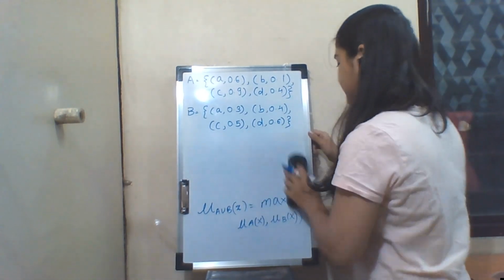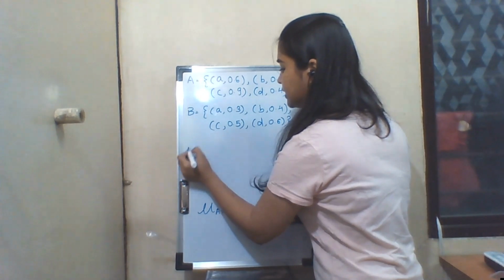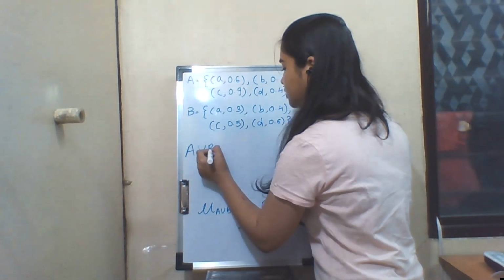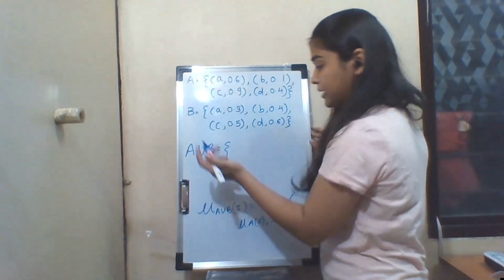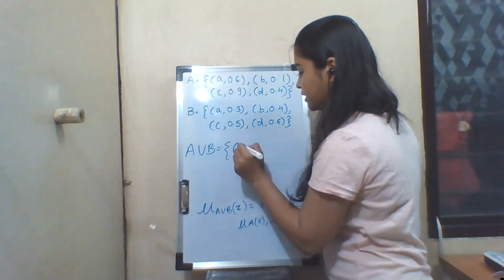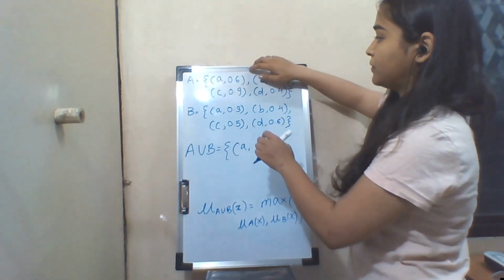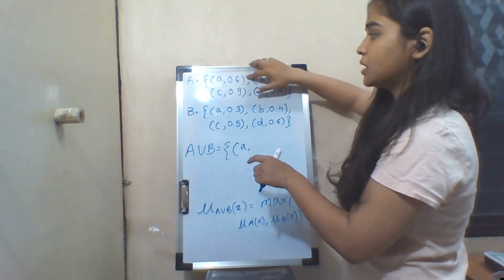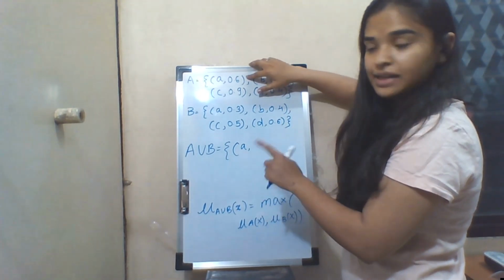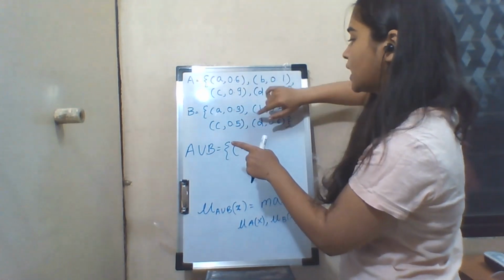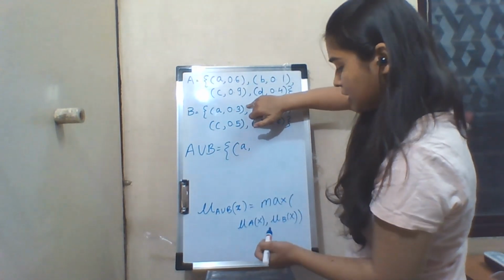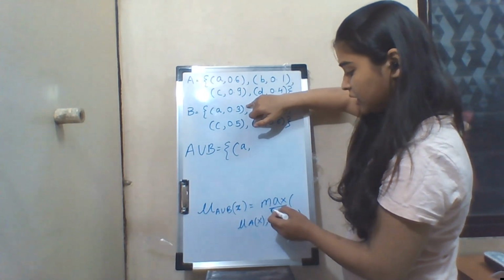Now first we consider element A, and for its membership we compare the degree of membership of set A and set B. Here it is 0.6 and in B it is 0.3. We have to select the maximum of the two.